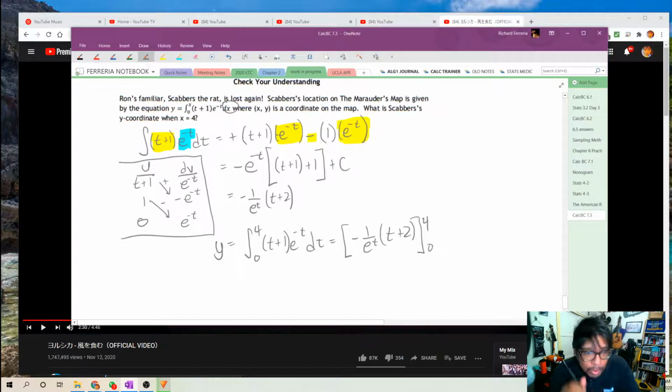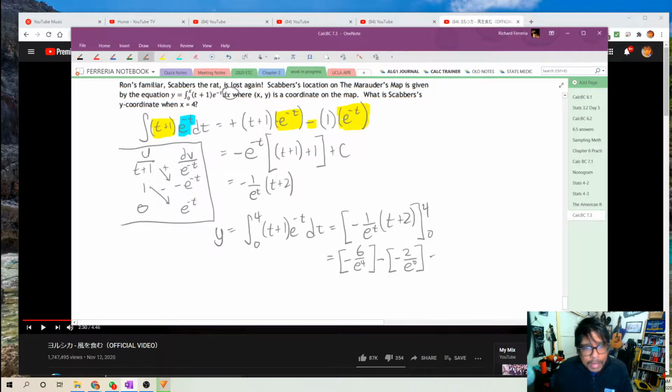Now, don't take for granted that your second addend here is going to be 0. Make sure you do that substitution. So, negative 1 over e to the 4th multiplied by 6. And then minus, and if I put a 0 here, I get 2 over e to the 0. Simplify that. That is 2 minus 6 over e to the 4th power.